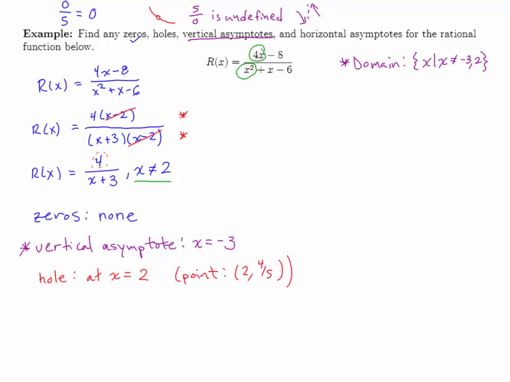So looking at that, we can see that the degree of the numerator is less than the degree of the denominator. And so what that means then is that our horizontal asymptote will be y equals 0. And that's coming from the degree of the numerator being less than the degree of the denominator.